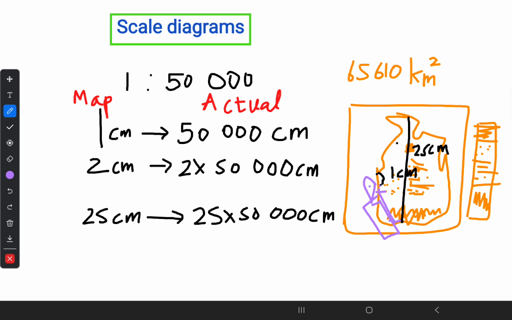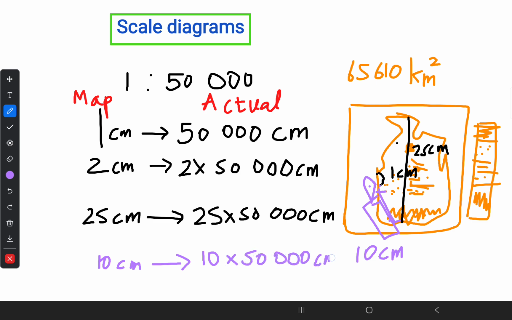What is the distance from here to here? Say I measure 10 centimeters. We can convert this to the actual distance. If 1 centimeter denotes 50,000 centimeters in the actual world, and we measure 10 centimeters on the map from our house to the desired destination, it should be in the actual world 10 times 50,000 centimeters.